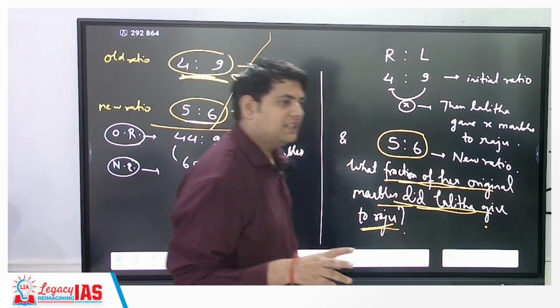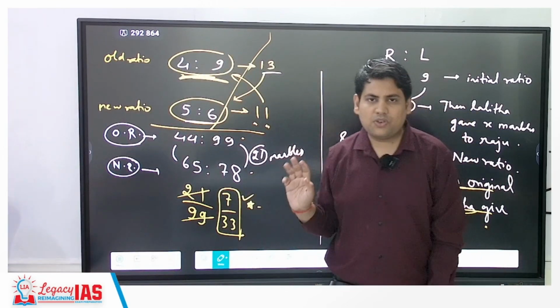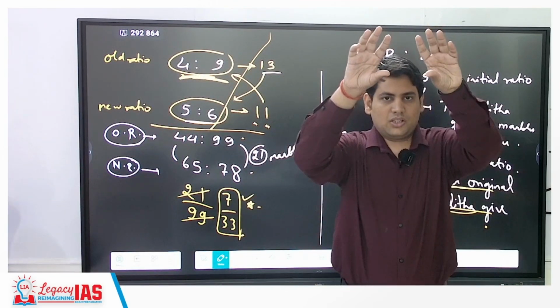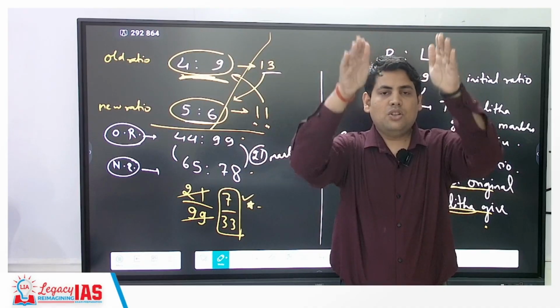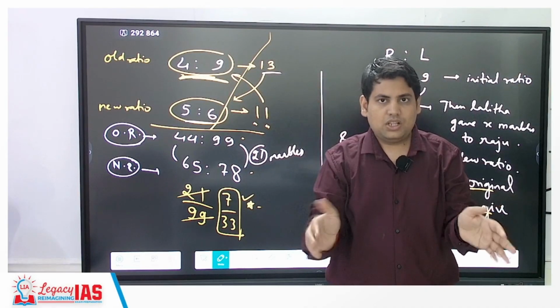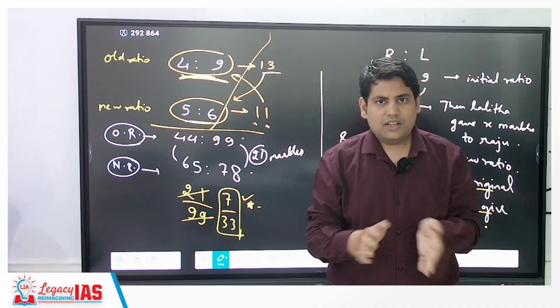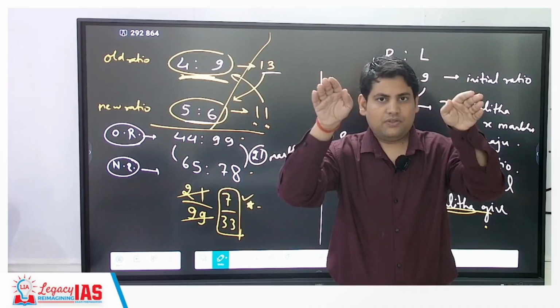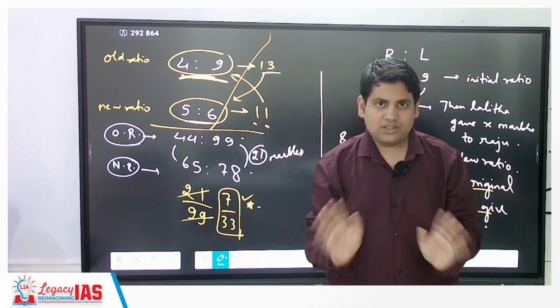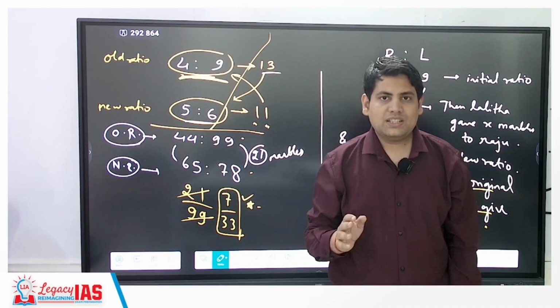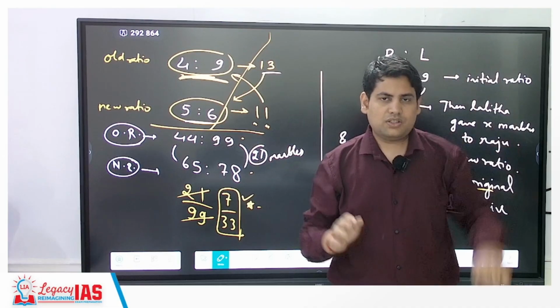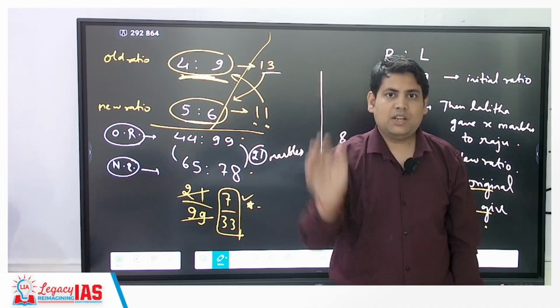If I have to summarize it, in the first type of questions, what do you see? There are two parts to the ratio. Both change by the same quantity, increase or decrease, and then you get the new ratio. In the second one, this one is constant and this one is changing by some quantity.